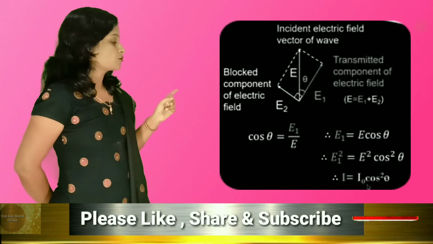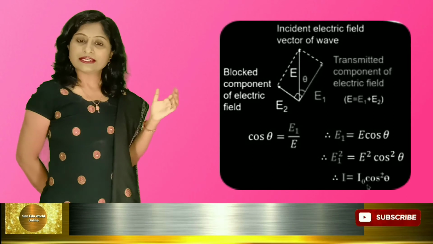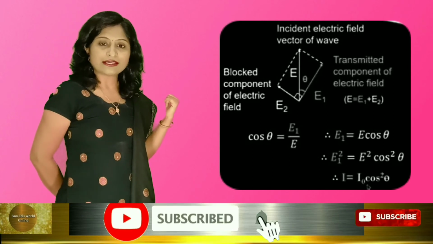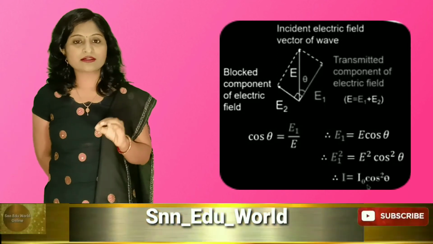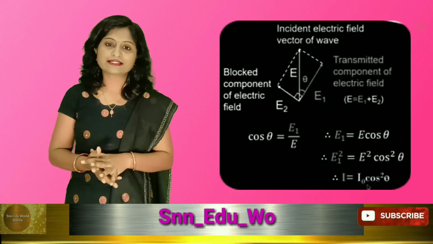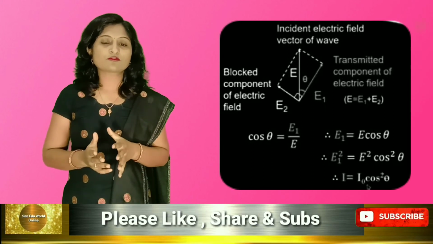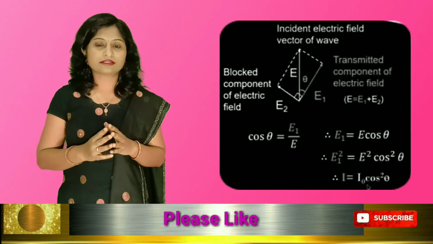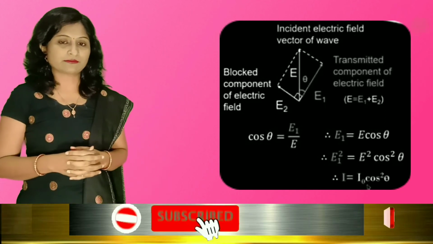So I equals I naught cos square theta. The output intensity I depends on the square of the cosine of the angle theta between the analyzer axis and the polarizer axis. This is the proof of Malus law, as stated, proved with this mathematical expression.